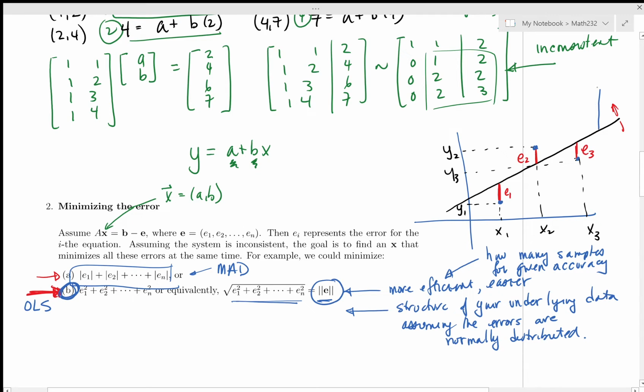If you have a point way out here with large error, it will impact where the fit line goes more than points that are close, because you're squaring it. So it's not an equal weighting. Errors that are further from the fit line are weighted more heavily with this square method. That's also something to bear in mind.